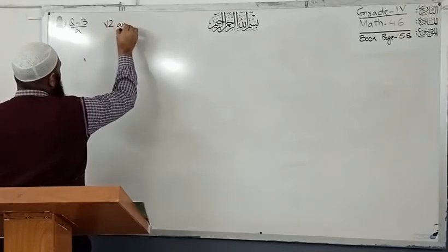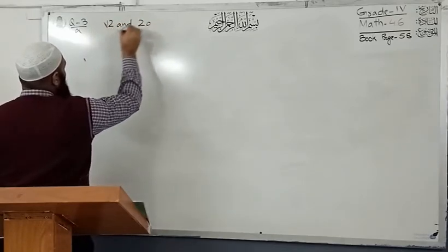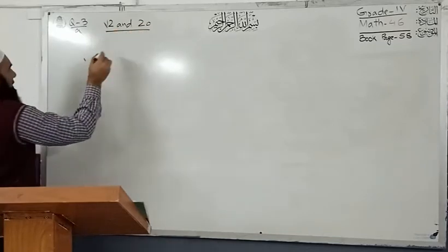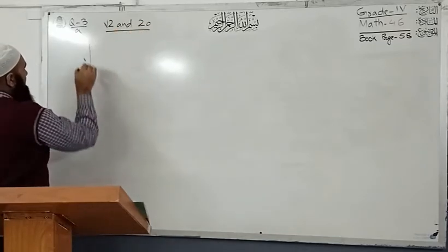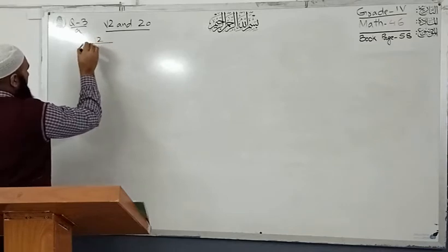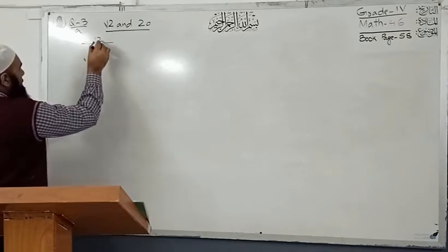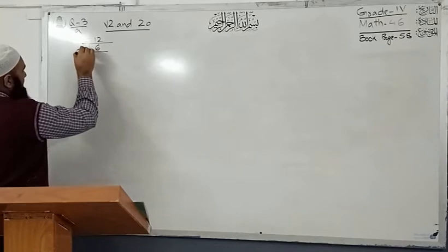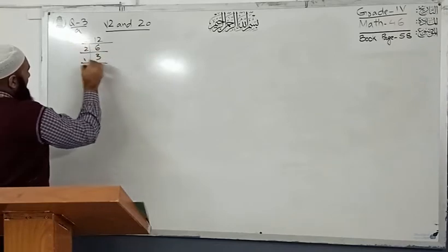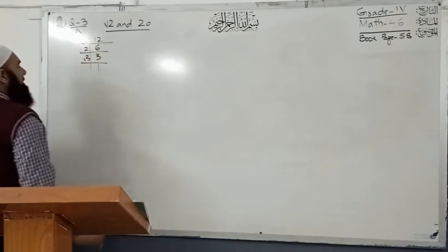So start dividing 12 by the prime numbers. The lowest prime number 2, 12 divided by 2 we got 6, 6 divided by 2 we got 3, and 3 divided by 3 we got 1.